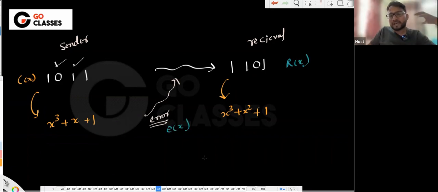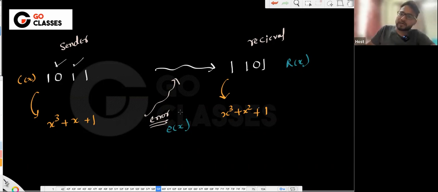So you are sending something and receiving something; you may receive exactly the same thing, or some error may be introduced. I want to tell you the relationship between the sent code word, the received code word, and the error.